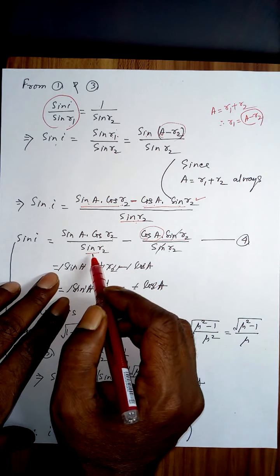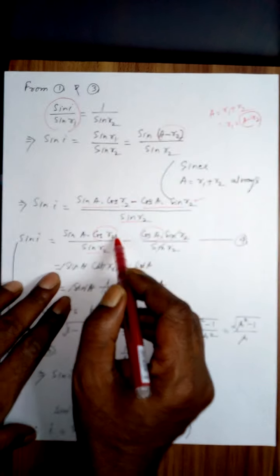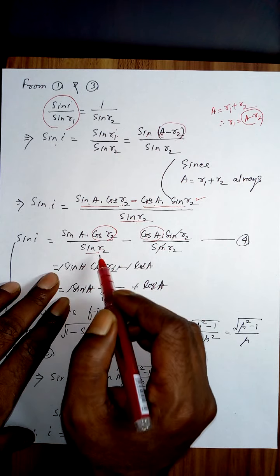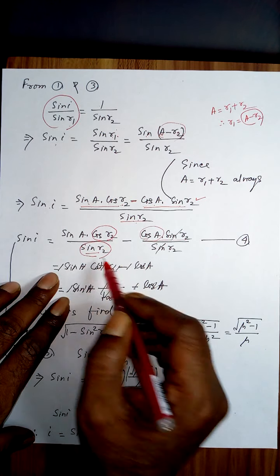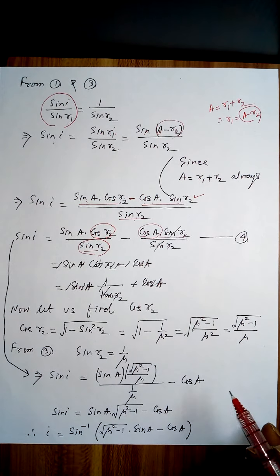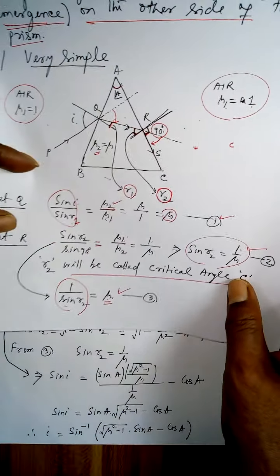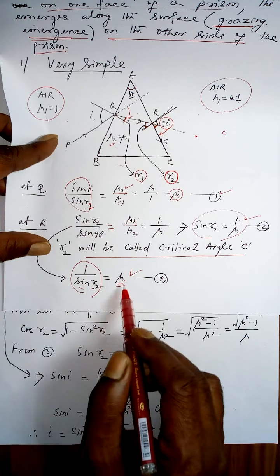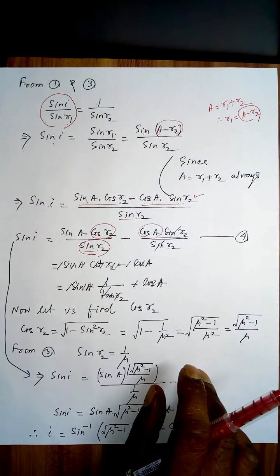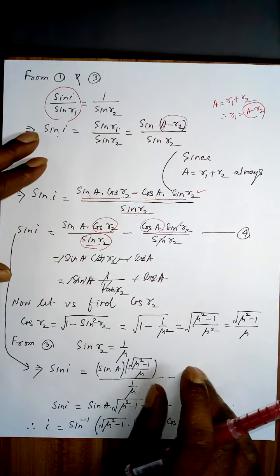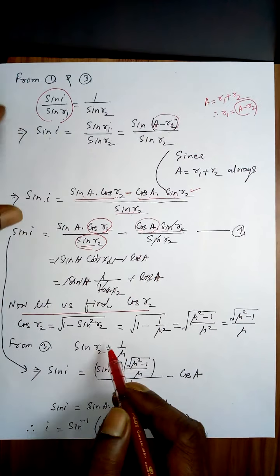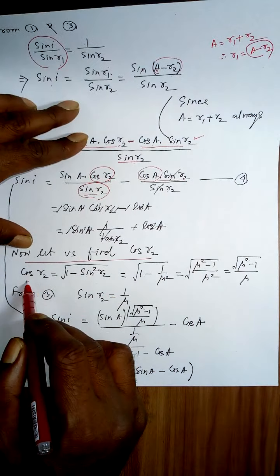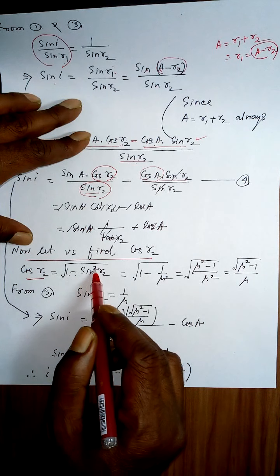Now let us find the value of cos R2. Sine R2 you already know: from here sine R2 is equal to 1 over mu. Cos R2 is equal to the square root of 1 minus sine square R2.